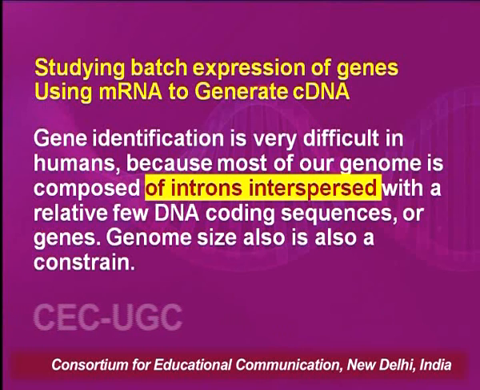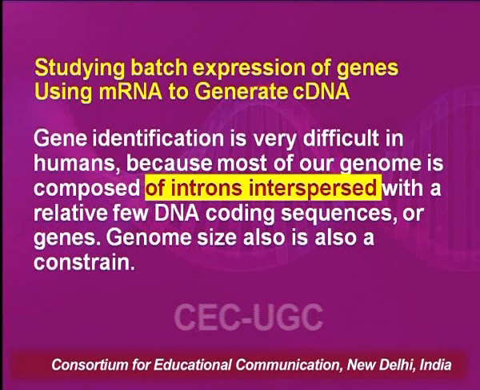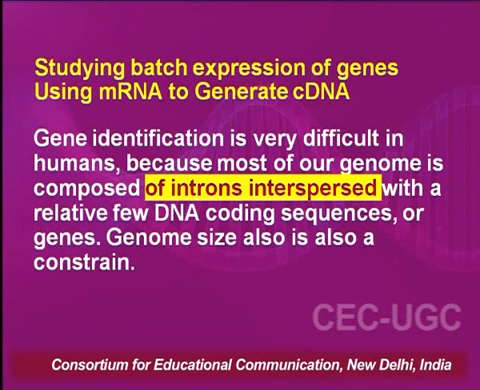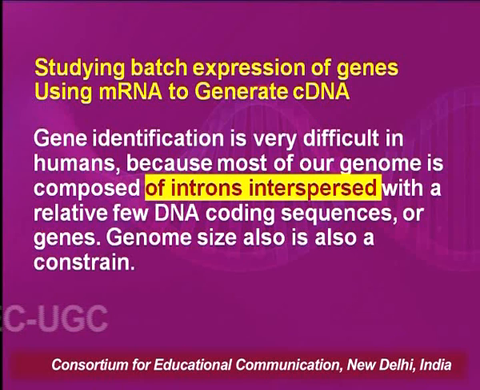We may sometimes start with mRNA, because mRNA, as we observed in the previous diagram, is processed from pre-mRNA by removal of the introns, and it is the final product. The introns are removed from there, and that can be used to study gene expression, because that is the final product of expression.